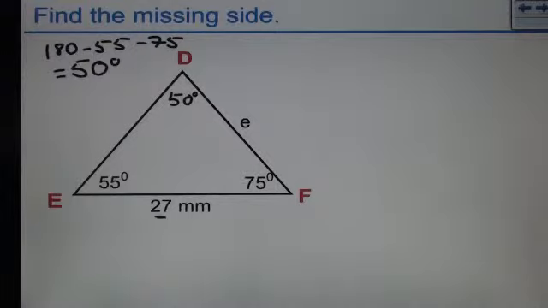Now we have that. In this question, we are looking for E. So we can say E over sine E equals 27, the side, and then opposite.